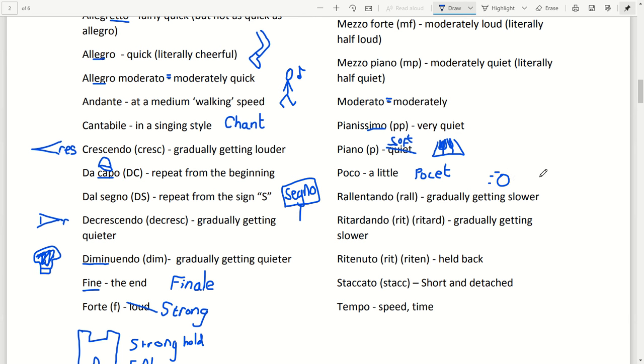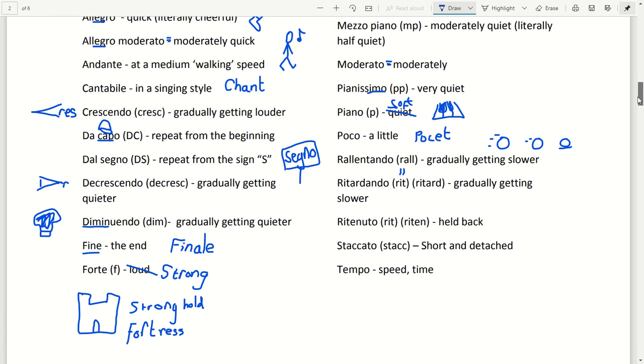So it's going along and then it's slowly getting slower until it comes to a complete stop. So slowing, slowing, slowing, stopped. So rallentando is kind of rallying along until it slows down and stops. And the same thing for ritardando. I just remember that rit and rall are the same thing. I'm not sure why we have two words for the same thing, but both mean the same thing.